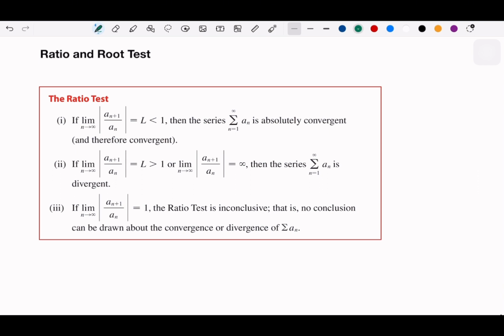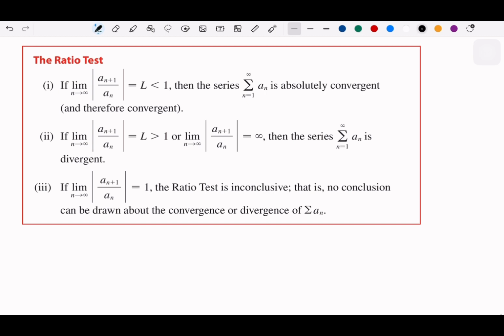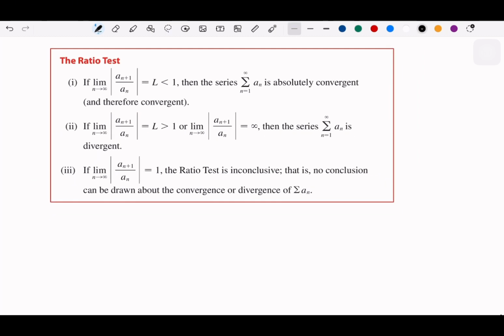So the idea, let me explain a little bit more, just for proving how it works. It's basically coming from the geometric series. So we take L as the result of the ratio, so we take the limit.